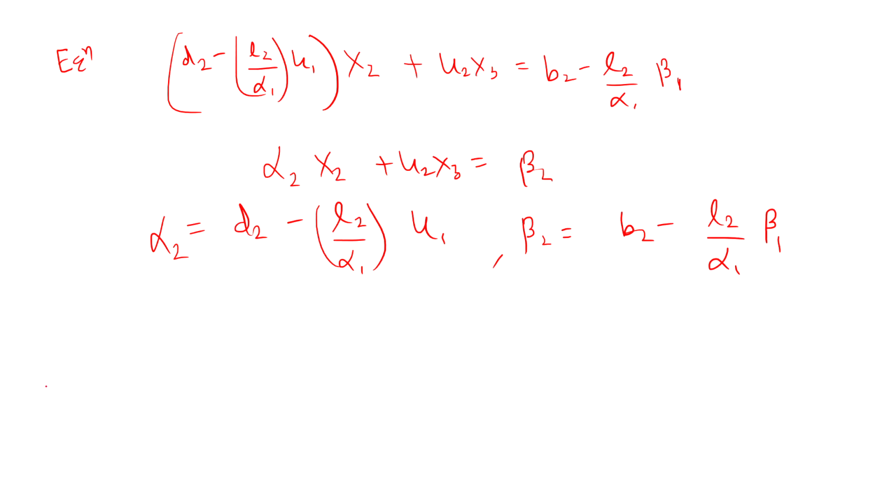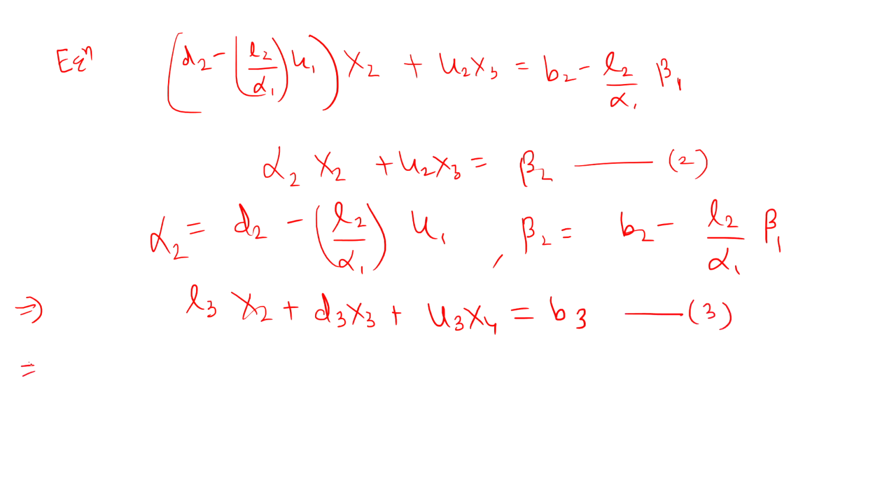So this is nothing but equation number 2. Now we have the third equation, which is L3 x2 plus d3 x3 plus u3 x4 is equal to b3. This is my equation number 3.